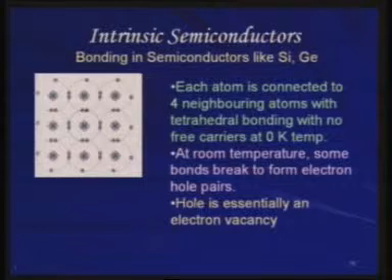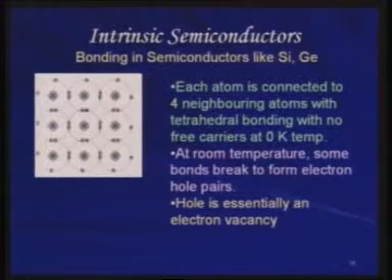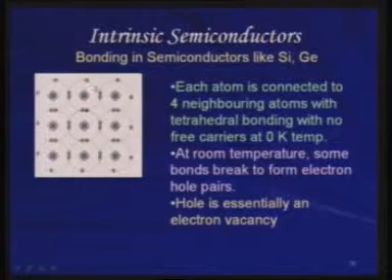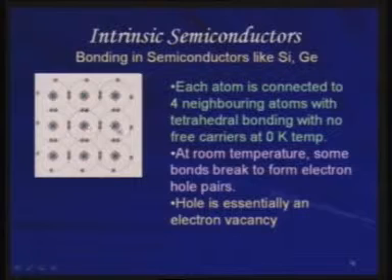Now what are these? These are elements with a crystal structure in which each atom is connected to 4 neighboring atoms with tetrahedral bonding, and there is no free carrier. Each atom has 4 outermost electrons in its unfilled shell, and each of the 4 neighboring atoms shares one electron, effectively completing the shell of 8.